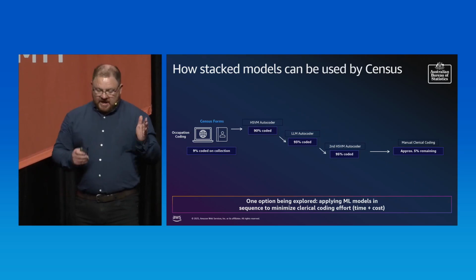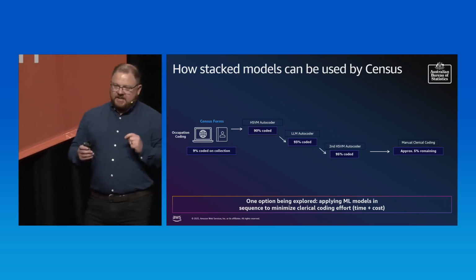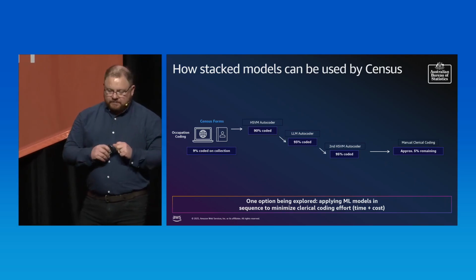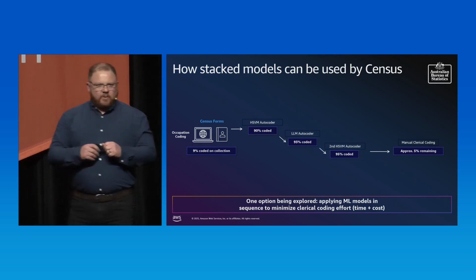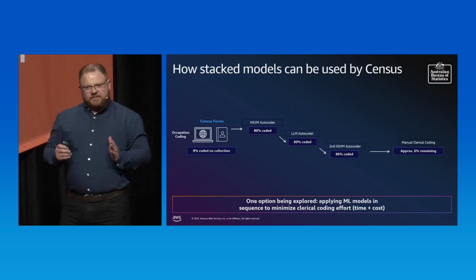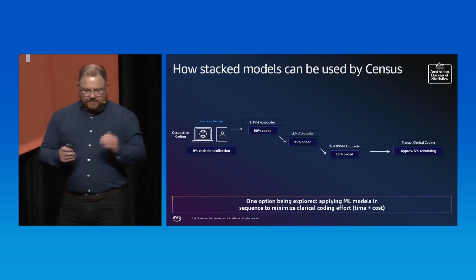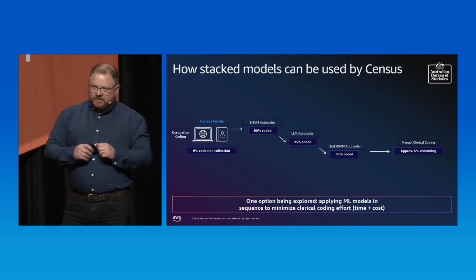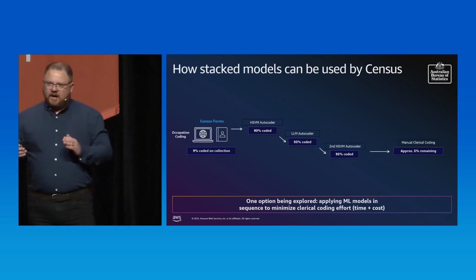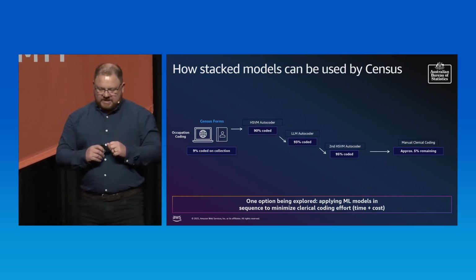The remaining 90% are passed through to our first HSVM trained machine learning autocoder. And we know from our testing that we can code about 90% of those records, leaving us in a position where we've got 90% of records coded. We then pass what hasn't coded, the remaining 10%, to a large language trained model, which we know can code a little bit higher numbers than the HSVM models, getting us to about 93%.